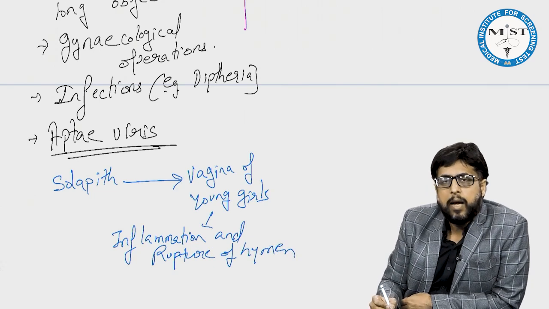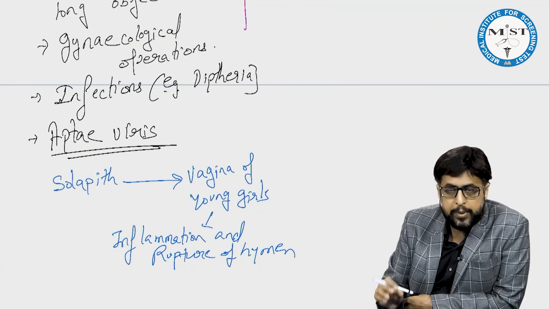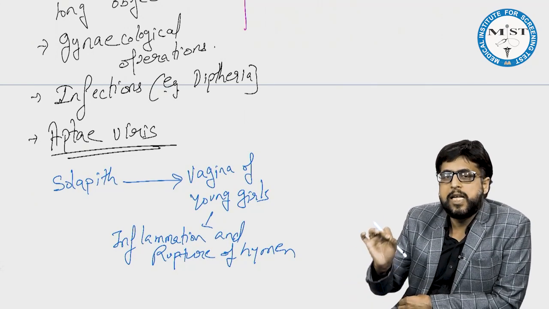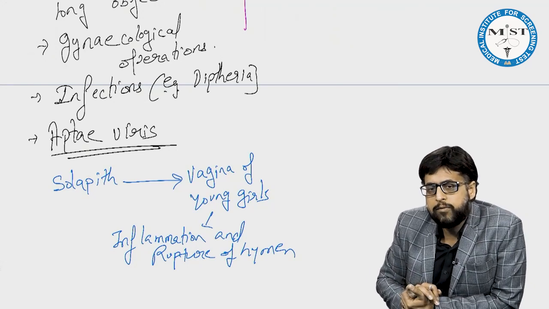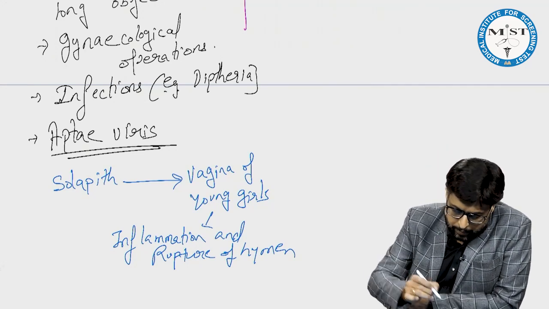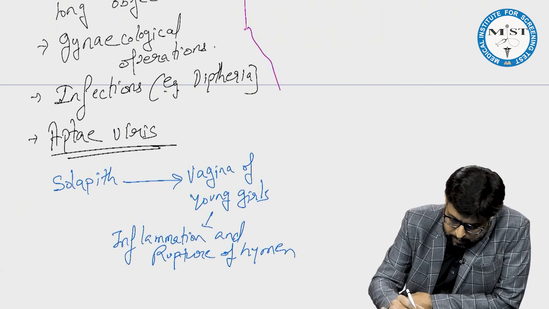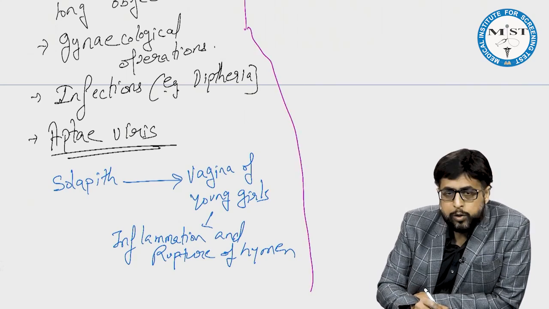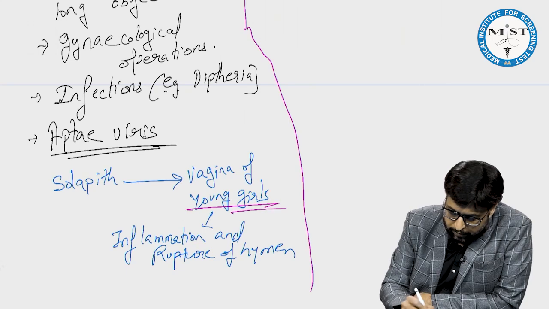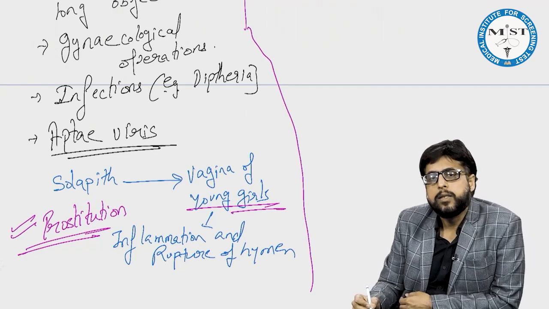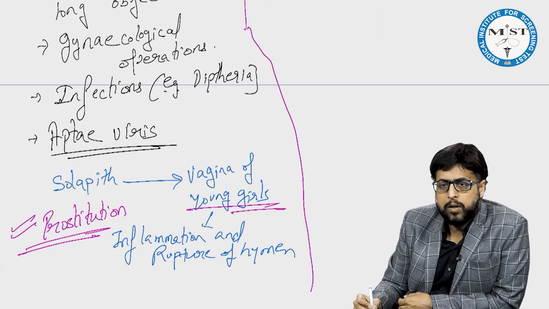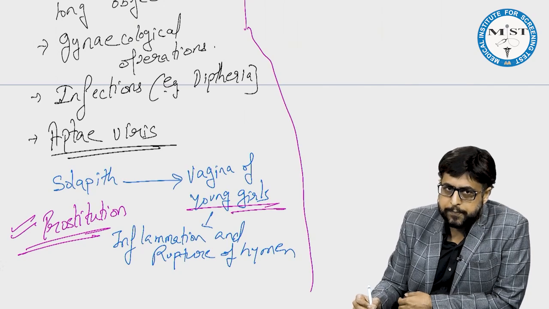This is called aptevirus. Solapith is a kind of stone which is deliberately inserted into the vagina of young girls so that there is inflammation and rupture of hymen. It is deliberately done to make young girls fit for prostitution.